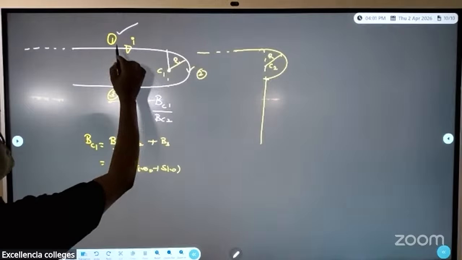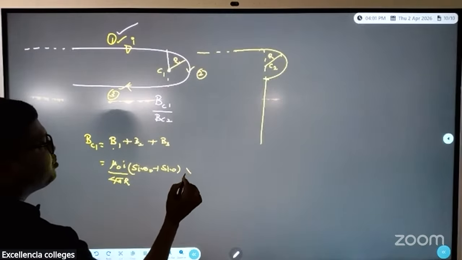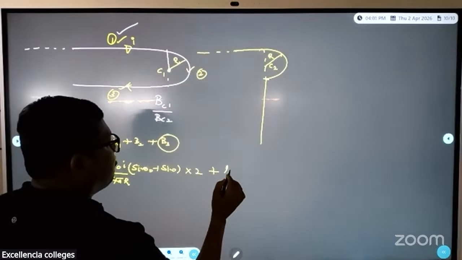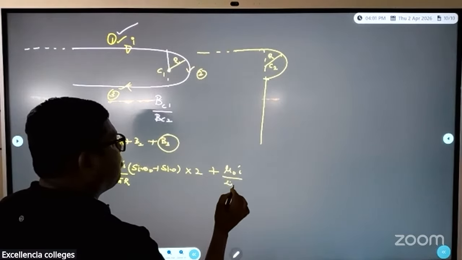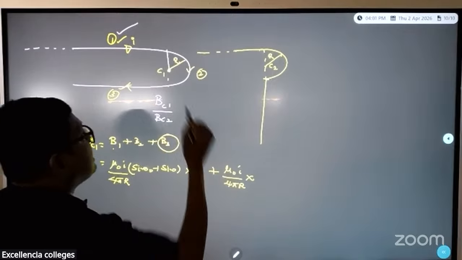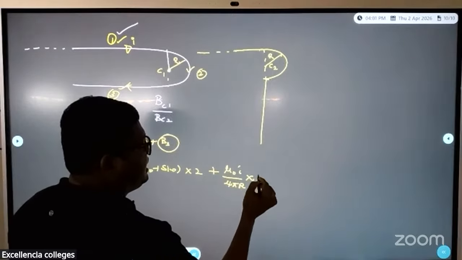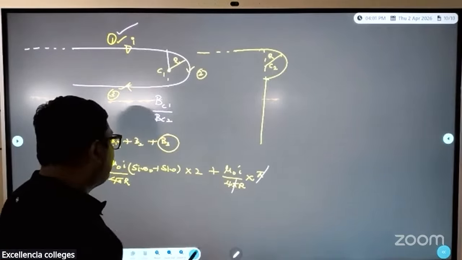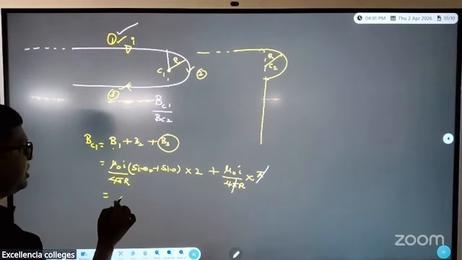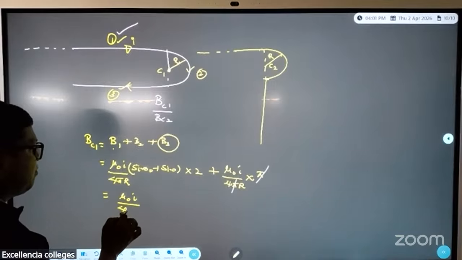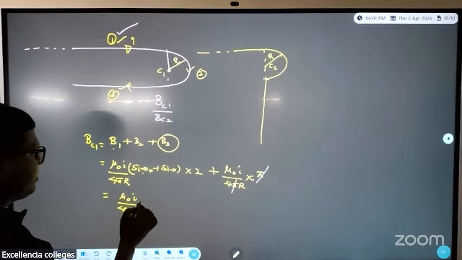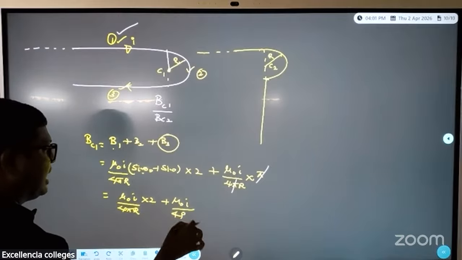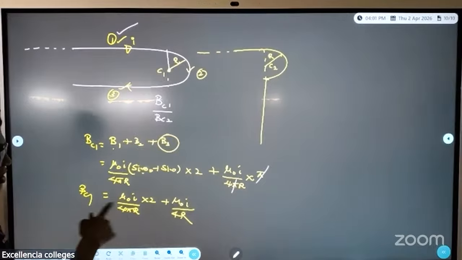The same thing happens for segment 1 and 2, so into 2 times, plus the field due to this portion: mu naught I by 4 pi r into theta. This is 180 degree, so theta will become pi. So this will cancel out, so mu naught I by 4 r. So easily we can write mu naught I divided by 4 pi r, sin 90 is 1, into 2 times, plus mu naught I divided by 4 r. That's the magnetic field at the first center.